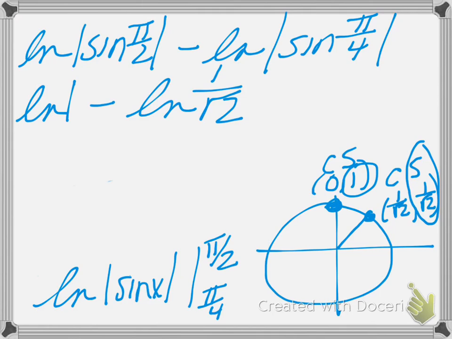Well, ln of 1 is just 0. So we get 0 minus ln of 1 over radical 2. Oh, I should have mentioned, sorry, that this was the one where there was no correct answer, because none of them are even negative.